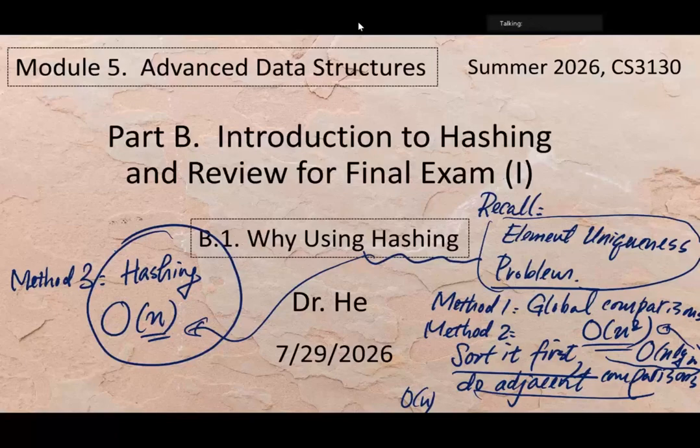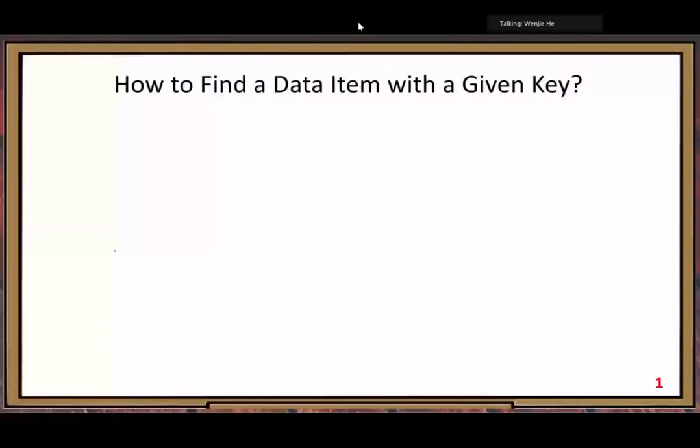So now let me talk about this hashing technique. The idea is very simple, but very effective, very powerful. How to find a data item with a given key? It's a search problem.